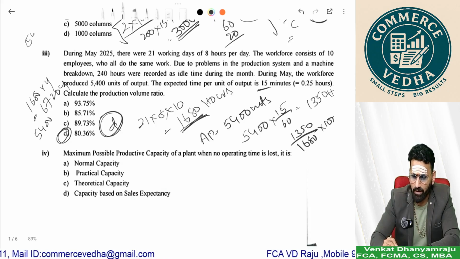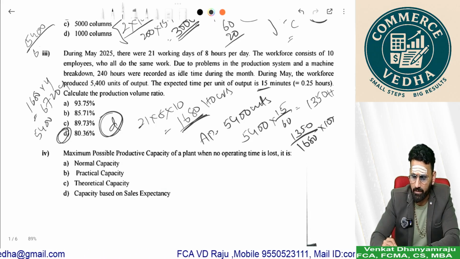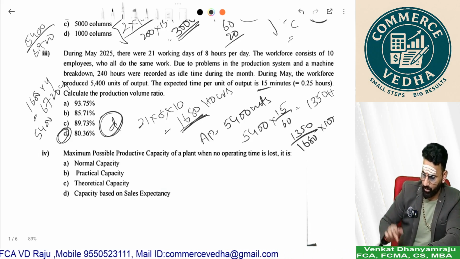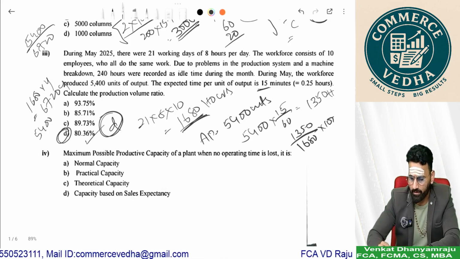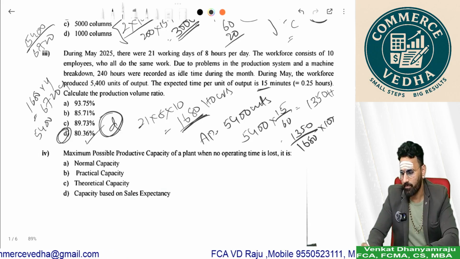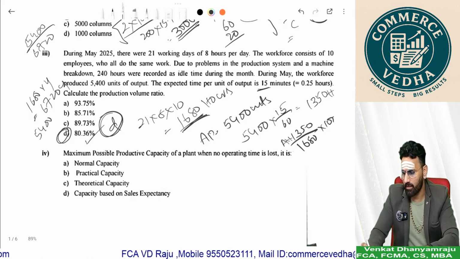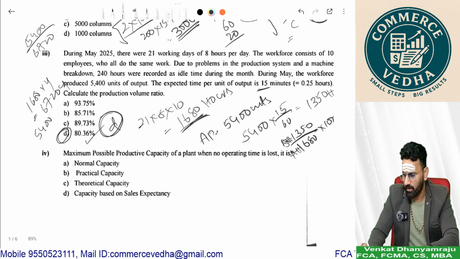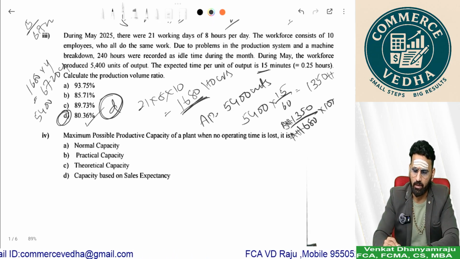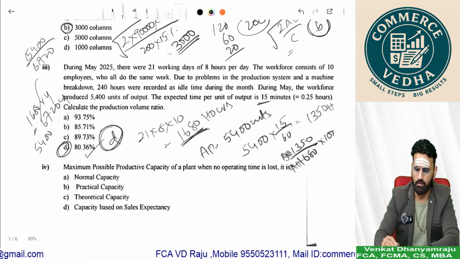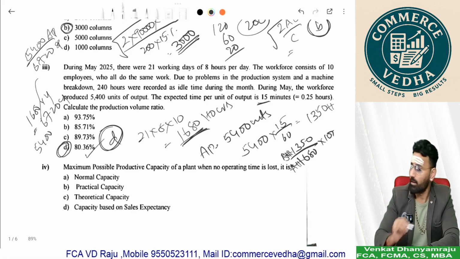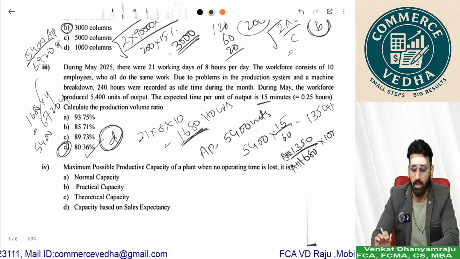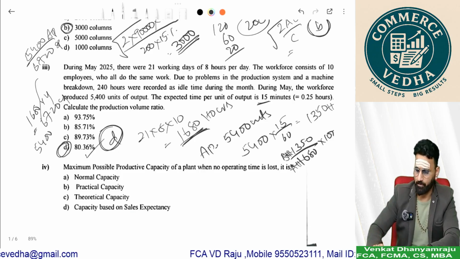So when you divide 5,400 by 6720, you'll get 80.36. Either using the standard hours and actual hours, or you can use actual production by standard production. Both the ways you get the answer. So the answer is D, which is 80.36%.